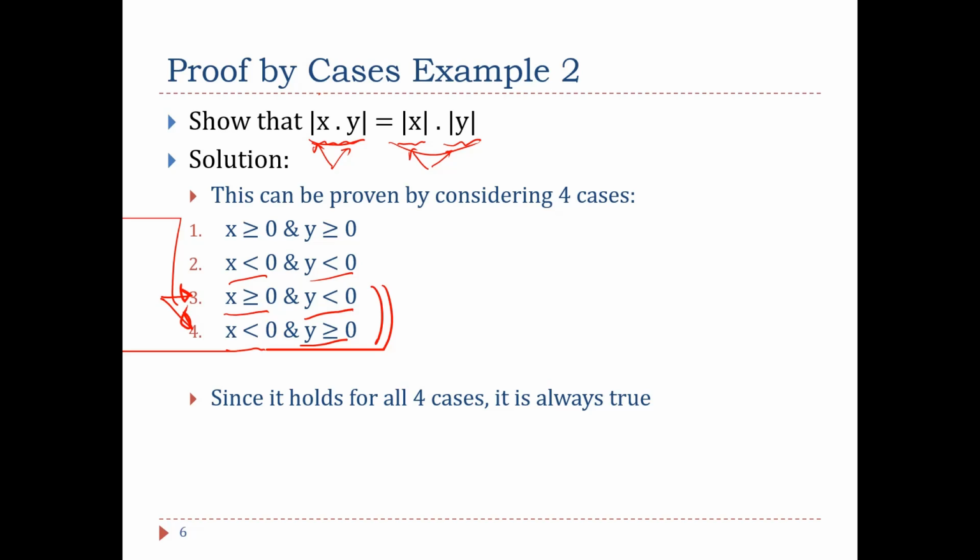Okay, and you can easily do the proof by replacing the absolute value of x or y by x if x is positive or equal to null, and minus x if x is negative. And then the proof can be done for all these cases. Okay, you can do the same for the absolute value of y. Okay, guys. So great.